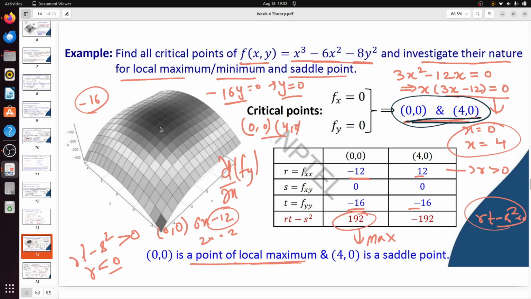And (4, 0): y equals 0 and x equals 4. If you draw it, you can get the entire figure. There is actually one saddle point. So rt minus s square is greater than 0 for this, and r is less than 0, so that is a local maximum. And here rt minus s square is negative, so this is actually a saddle point.